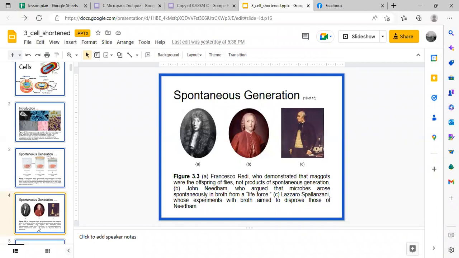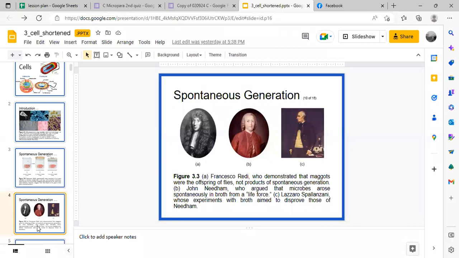So, dun sa experiment niya, ininit niya. Tapos, he left it for several days. So, thinking na mamamatay yung mga organisms, iniwan lang niya. After several days, nagkaroon ng fermentation. Tapos, tinignan niya sa microscope, may microorganisms na ulit. So, sinasabi niya, yung mga microorganisms na yon spontaneously come from a life force.